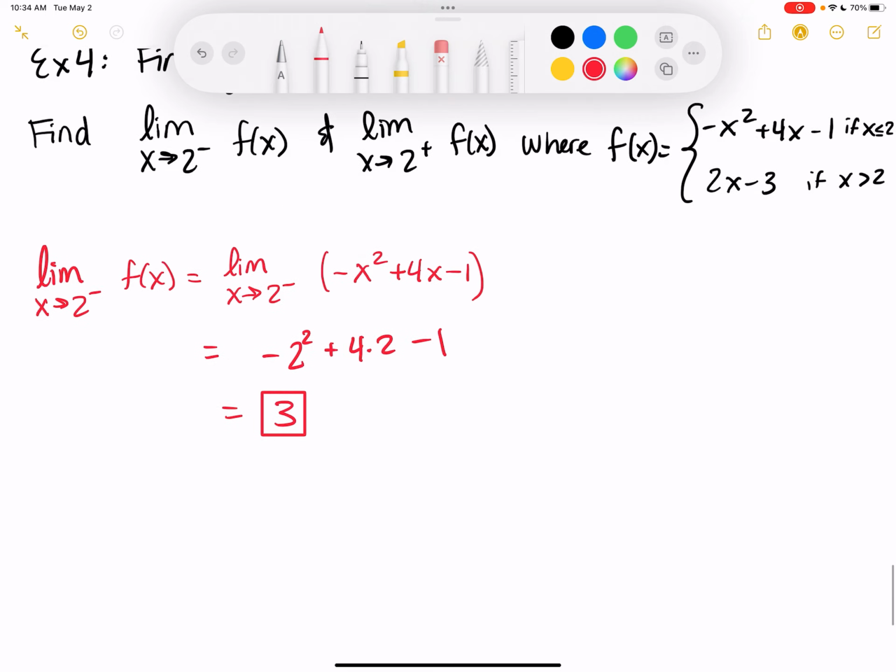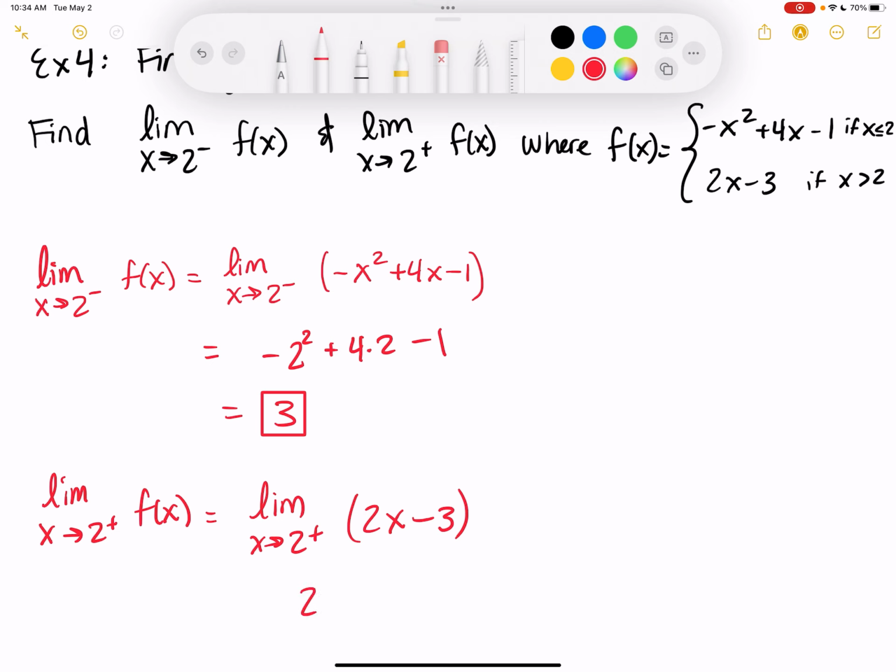The limit from the right, a lot of times I'll think about this as like 2.00001, so just a little bit over, but for the sake of this problem, we can just plug in 2. So the limit as x approaches 2 from the right of 2x minus 3.